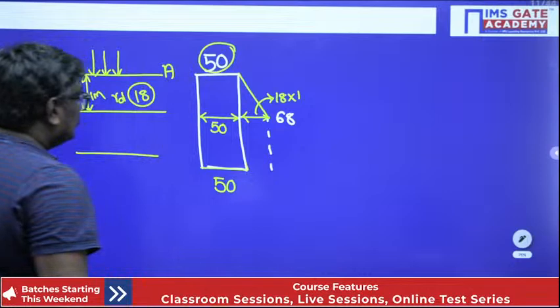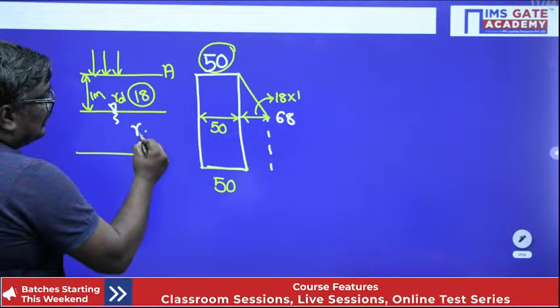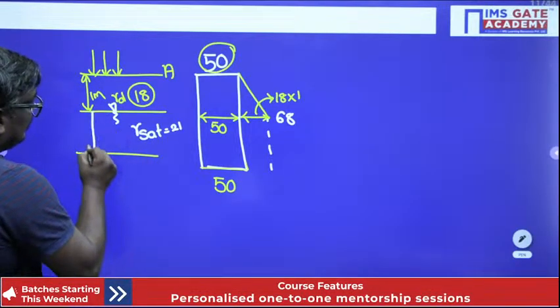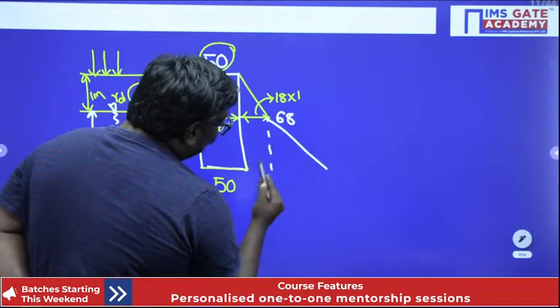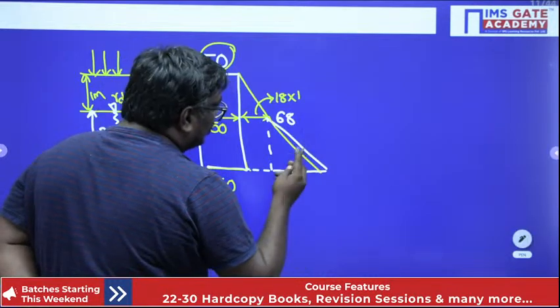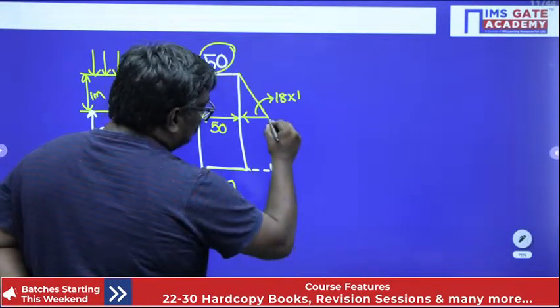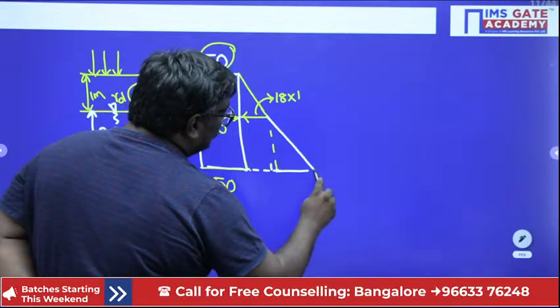Now see students, here there is a water table. And you told the gamma sat is equal to 21 and the depth is 3 meter. So what I have done is, I will show you like this. This portion, whatever the portion you are having. Why am I changing the slope here?